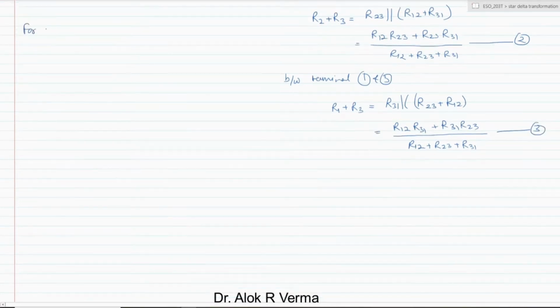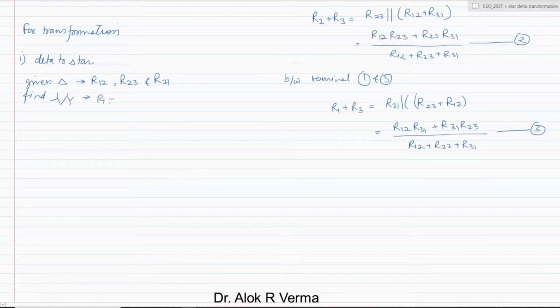For the transformation, suppose first we do delta to star. Delta to star means the given values are in the form of delta, which is R12, R23 and R31, and we have to find the star or Y values, which are R1, R2, R3.